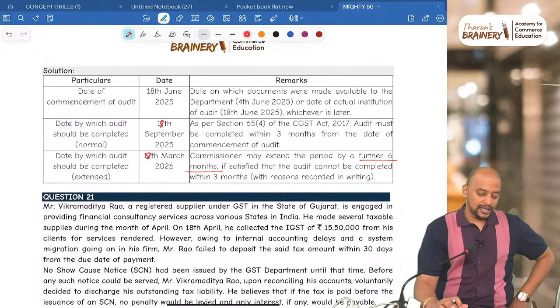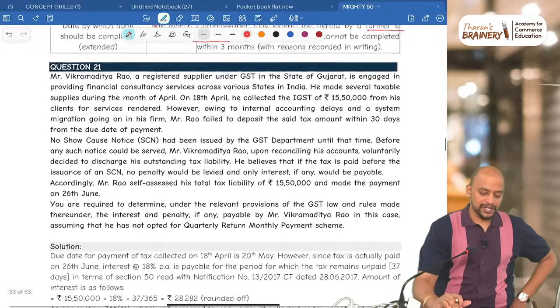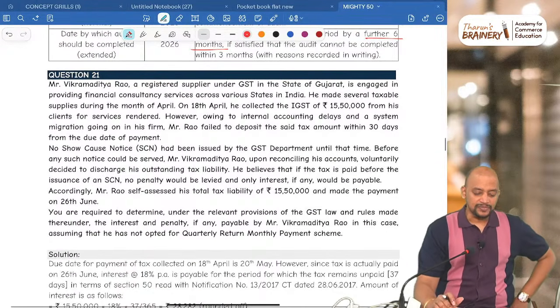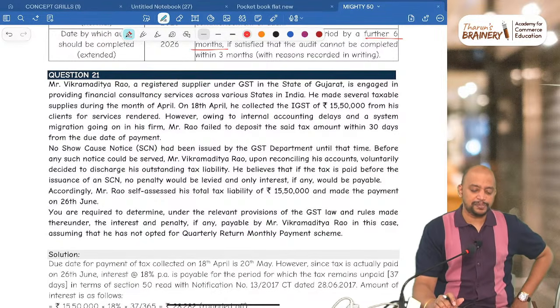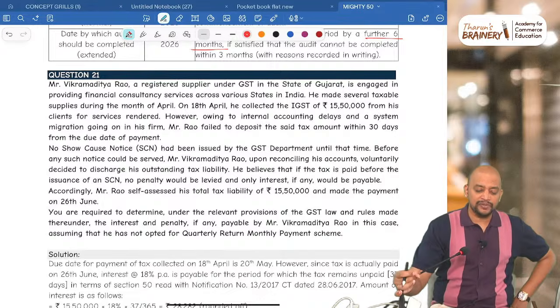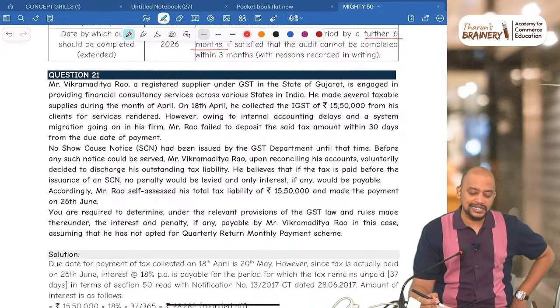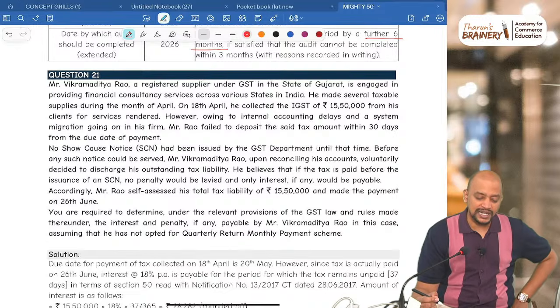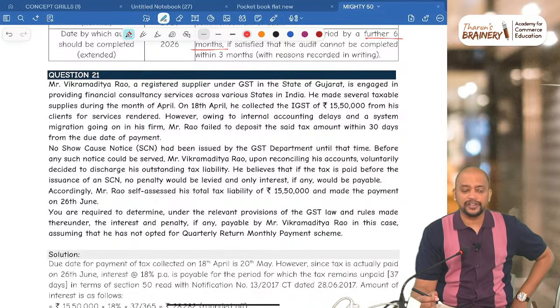Okay. Next, question number 21. Mr. Vikramaditya Rao, a registered supplier under GST in the state of Gujarat, is engaged in providing financial consultancy services across various states in India. He made several taxable supplies during the month of April.